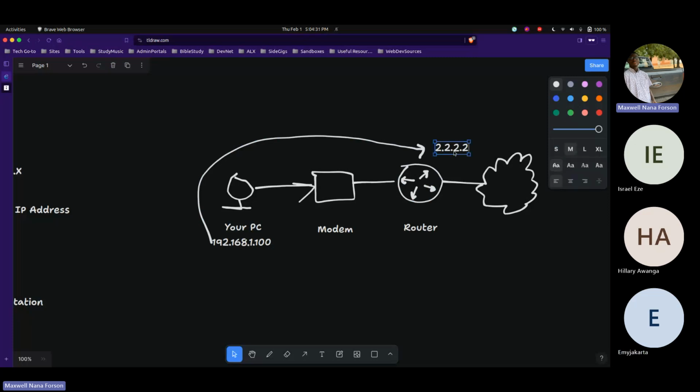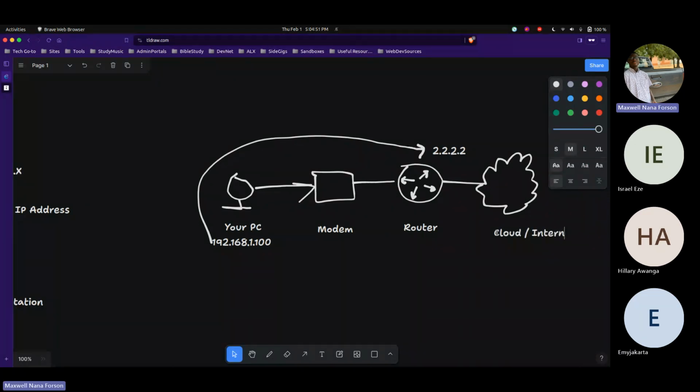Now let's assume this is an IP address that our company has bought. This router would change the IP address that you have and make it look like this before sending it out onto the internet, right?